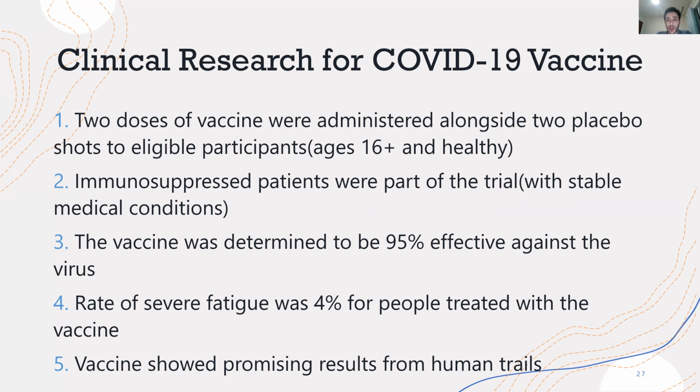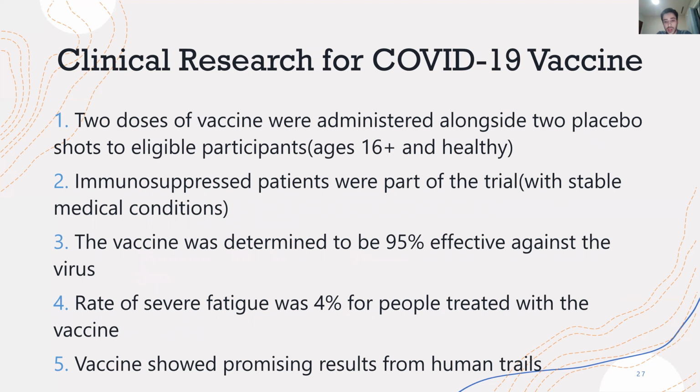Immunosuppressed patients were part of the trial, so that we didn't leave them out, as long as they had stable medical conditions. After the testing, we determined that the vaccine was effective against 95% of the people, and the rate of severe fatigue was only 4% for people treated with the vaccine.